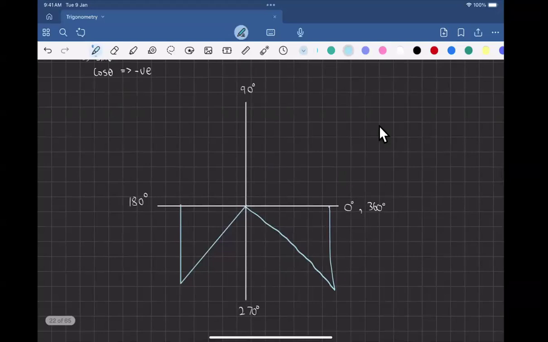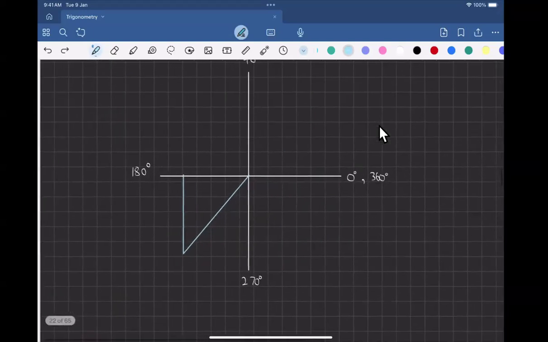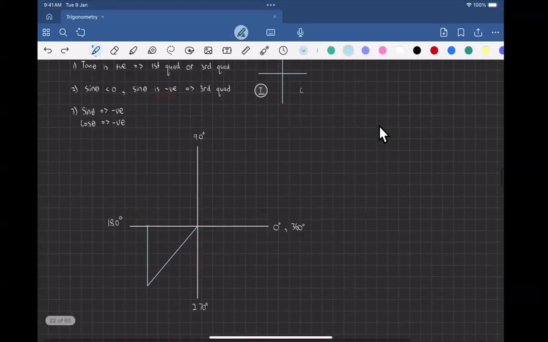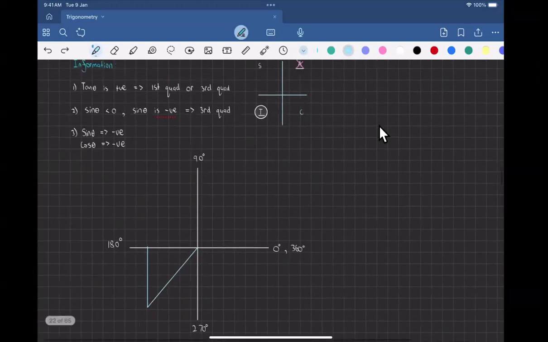If I wanted to draw a right angle triangle here, it would look like this. Over here, it would look like this. So I'm going to draw a right angle triangle like this, right? So you understand everything so far?